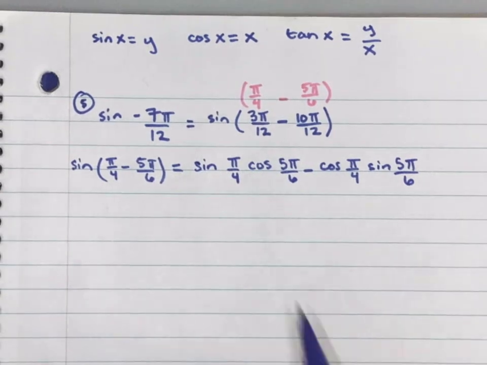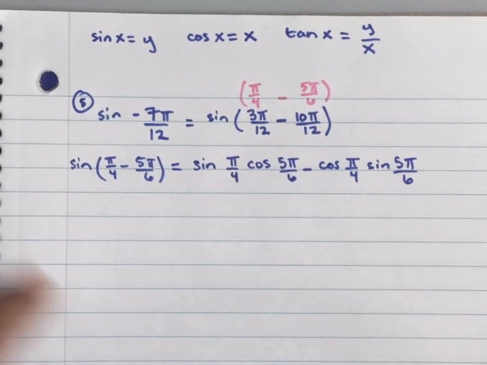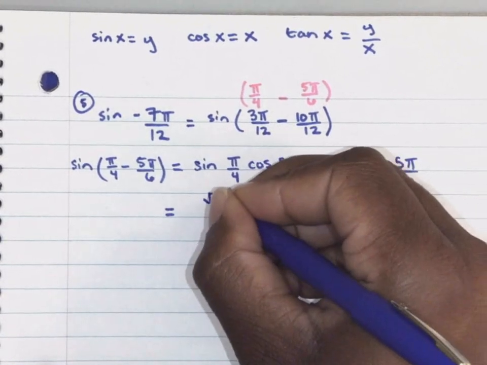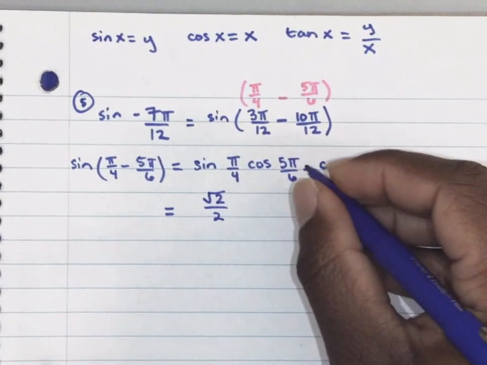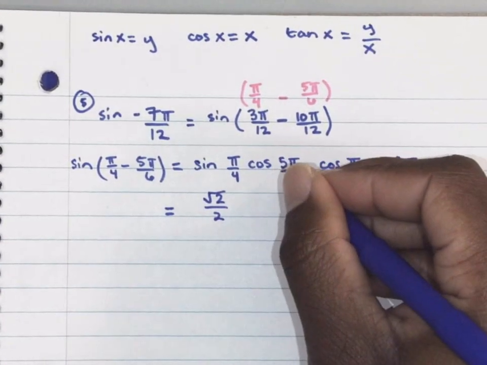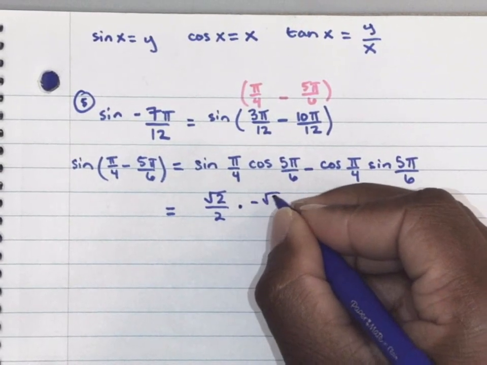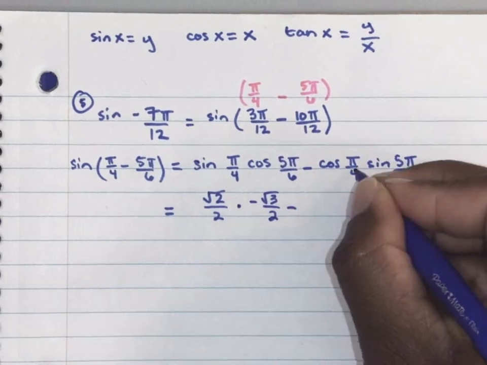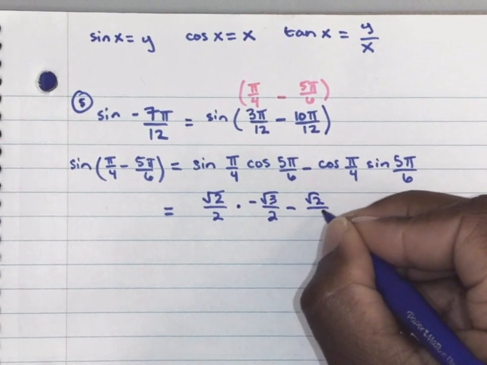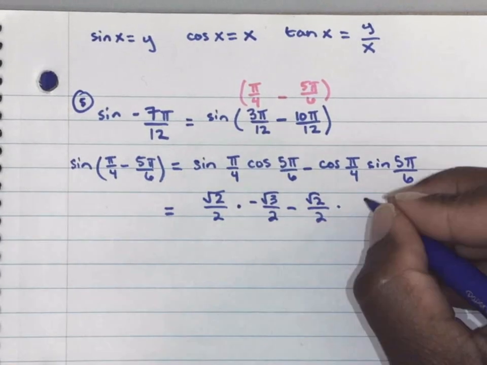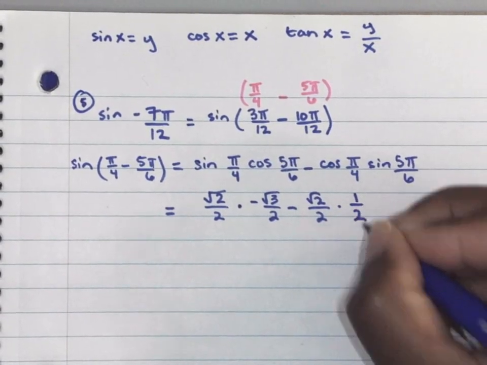Just from the formula, I go on my unit circle and get these exact values. Sine of 45 is root 2 over 2. Cosine of 30 is in the second quadrant, so it's negative. This exact value is negative root 3 over 2, minus cosine of 45 times sine of 30 in the second quadrant, which is positive 1/2.